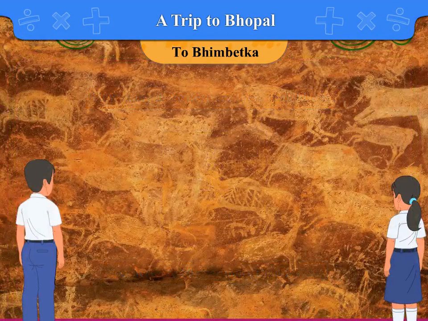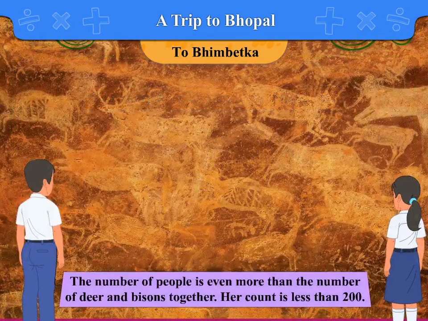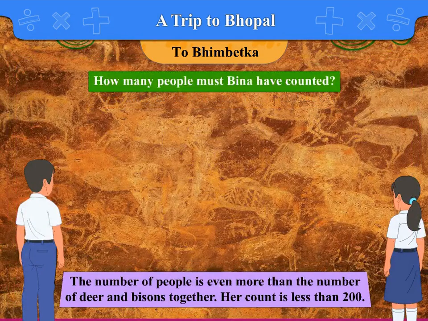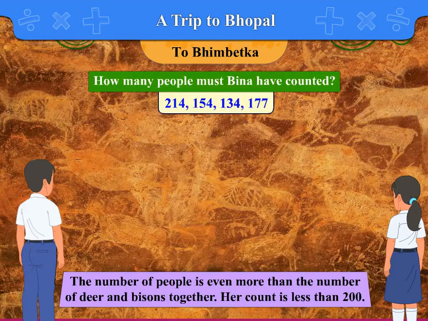But Beena is the happiest because the number of people is even more than the number of deer and bisons together. Her count is less than 200. How many people must Beena have counted? 214, 154, 134, 177.